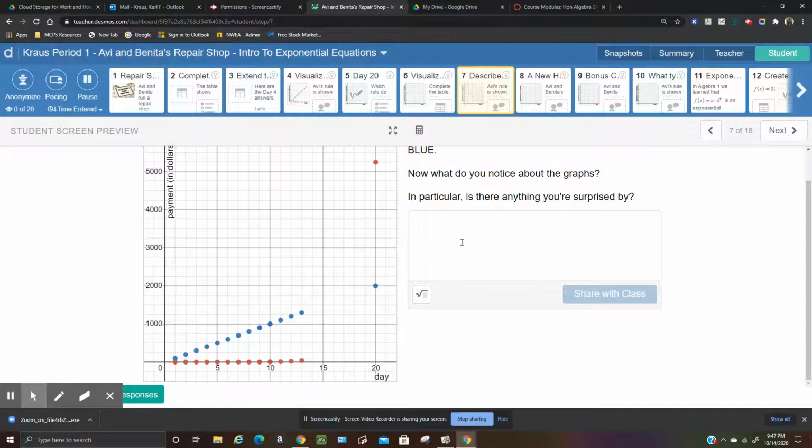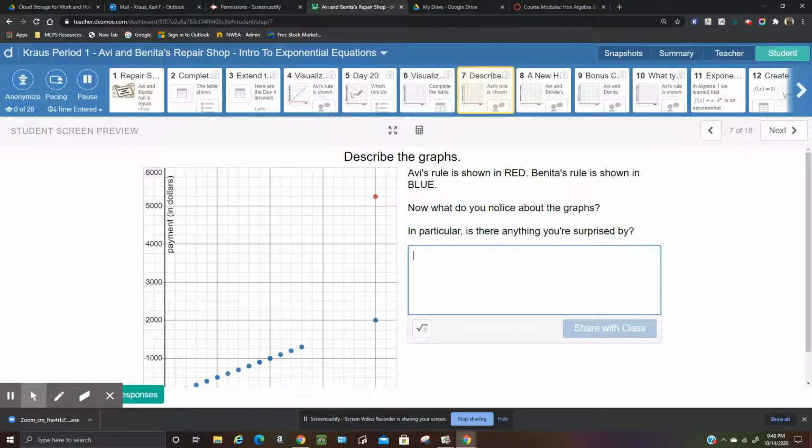So Benita has a constant rate of change. Avi is exponential growth.